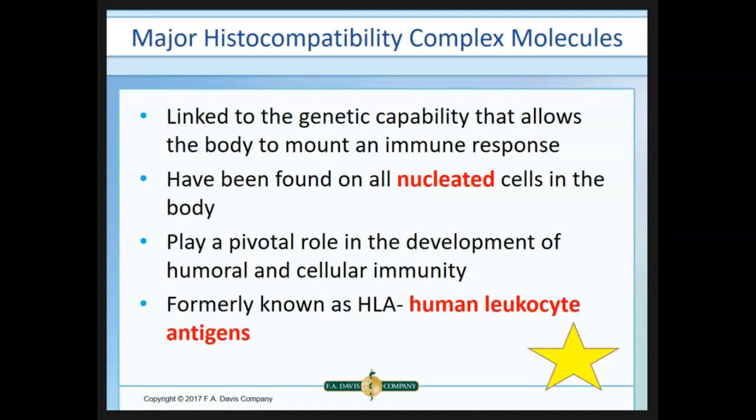They play a very important role in the development of humoral and cellular immunity, and formerly they were known as HLA, human leukocyte antigens, because at first we thought they were only on leukocytes or white blood cells. But after further research and discovery, we found that they are not only on white blood cells. So now we call them MHC instead of HLA.